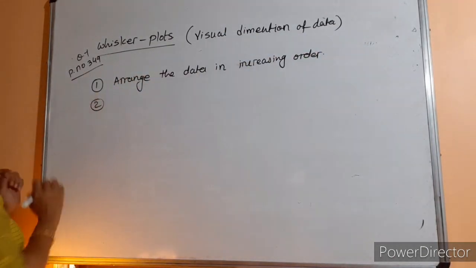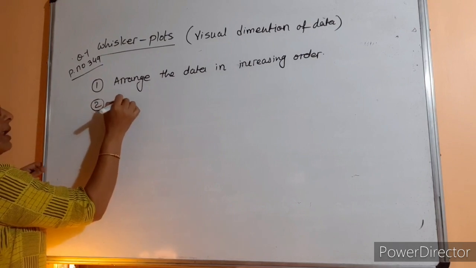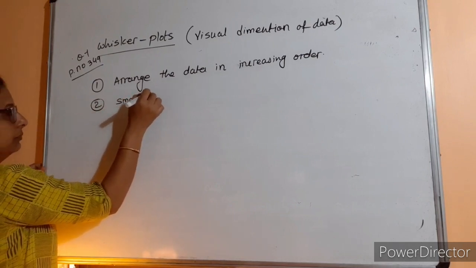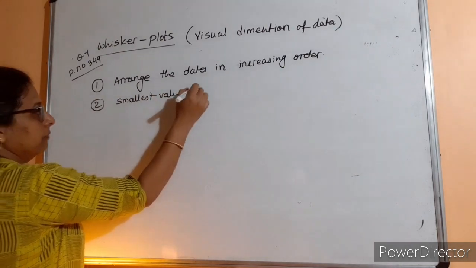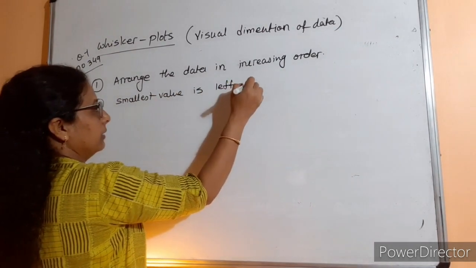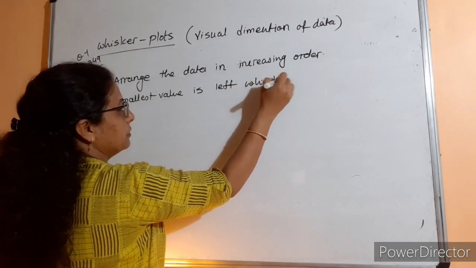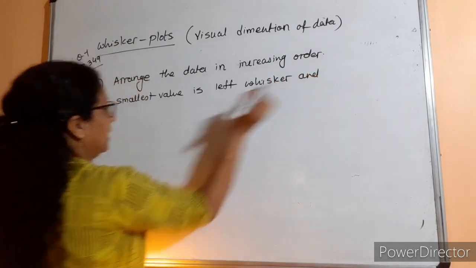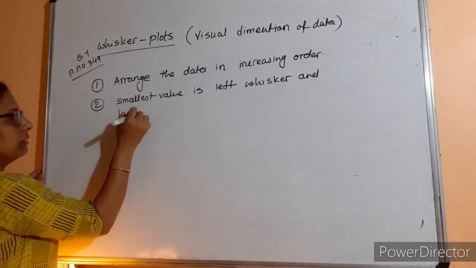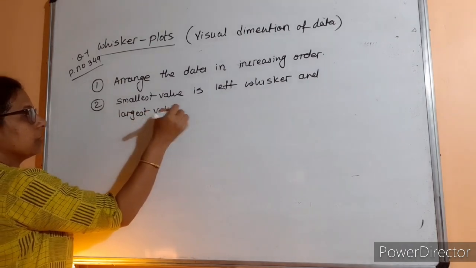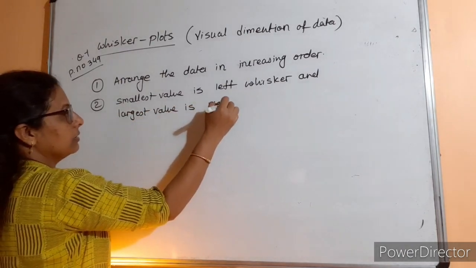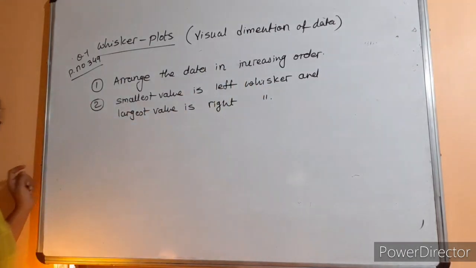Then second, the smallest value is the left whisker and the largest value is the right whisker.